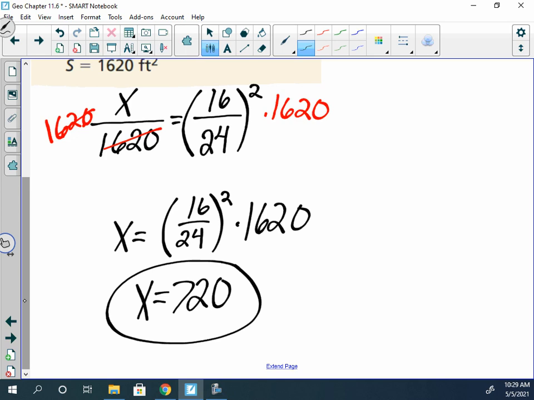And at this point, we can type this into the calculator and we would get our answer. Any questions over any of this? Do you feel comfortable with this?